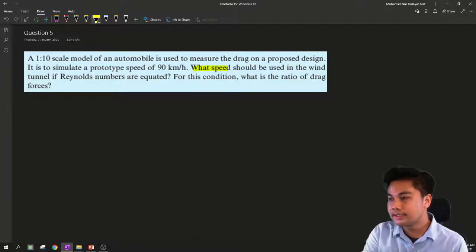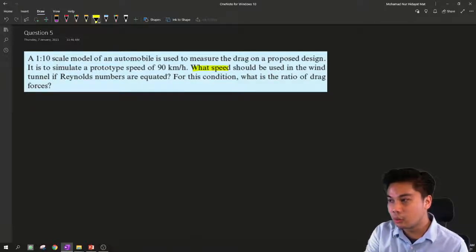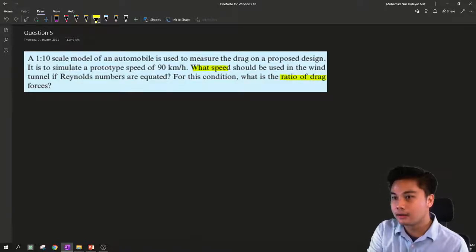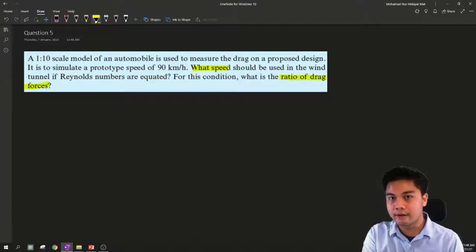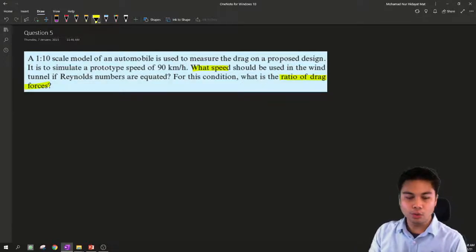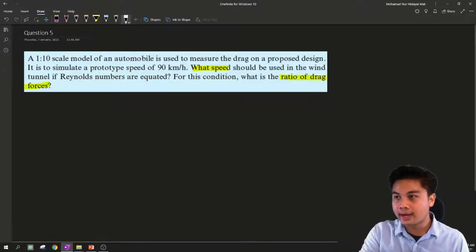So the speed of the model is to be investigated, and then what is the ratio of drag force? The ratio of drag force, which is FD. Remember, when we look at the drag force, we can equate it with the ratio of the inertial force, rho v squared L squared.